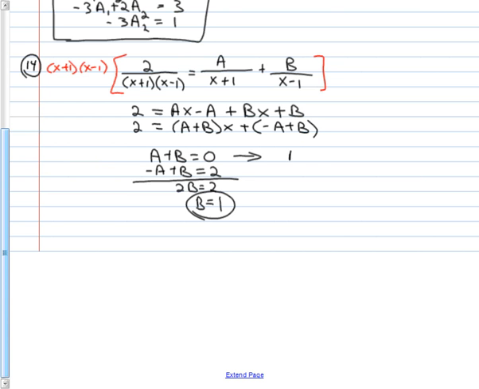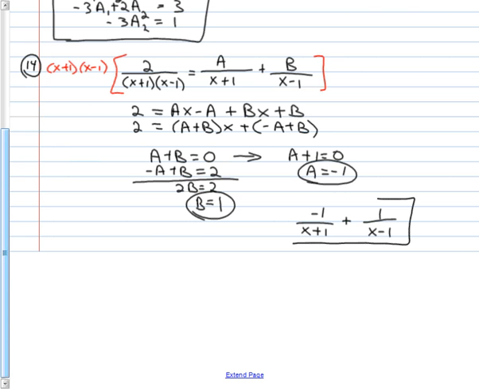If b is 1, a plus 1 is 0, a is negative 1. Negative 1 over x plus 1 plus 1 over x minus 1. We decomposed it. And we could have done 13 too. We could have solved for our a sub 1, b sub 1, or a sub 2, b, c, d, x, y, z, whatever. We could have done that.